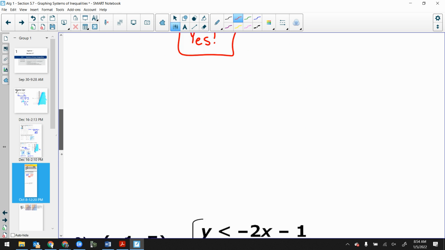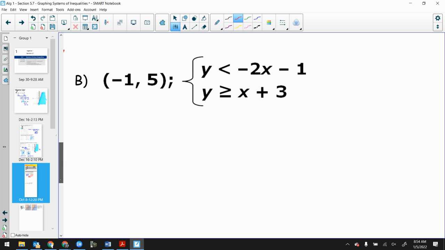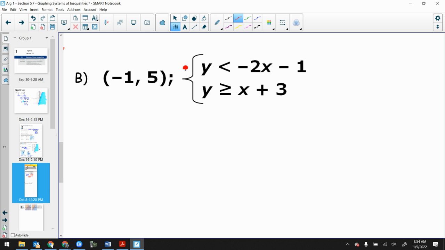So that being said, let's take a look at my first inequality of my second example. Example B. Y is less than -2x minus 1. Let's plug in and see if -1 comma 5 is a solution. 5 is less than -2 times -1 minus 1. I just plugged -1 comma 5 into the top inequality.